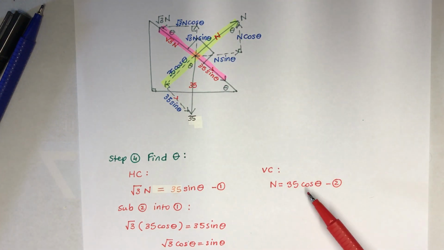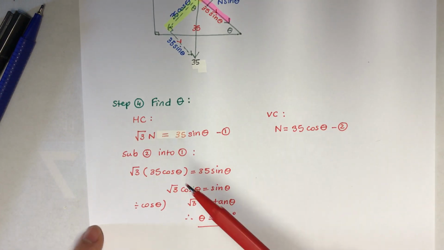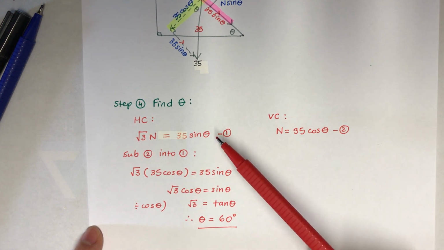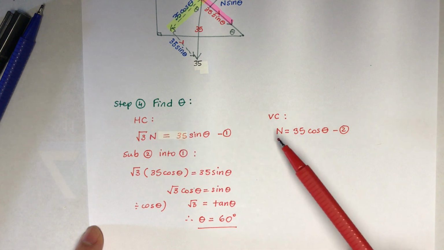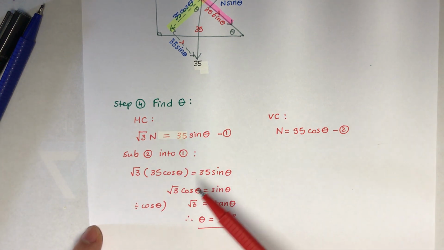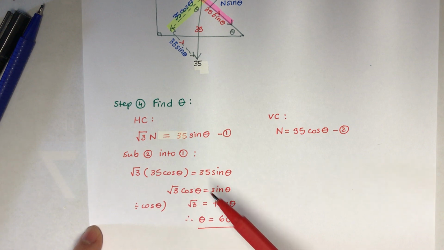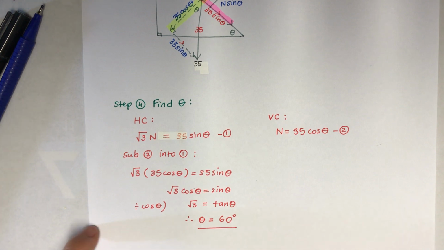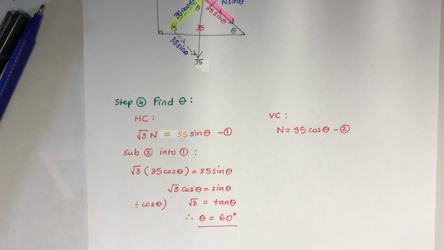Okay, so we got this 2, so 1 and 2. Now I'm going to substitute 2 into 1 because I need N. It's in there, N, so it's sort of like substitution. And then I'm going to make this theta into tan theta instead of sine and cos, and that to find the theta is 60. So that wasn't too bad.